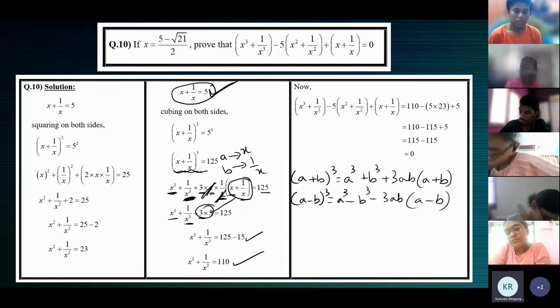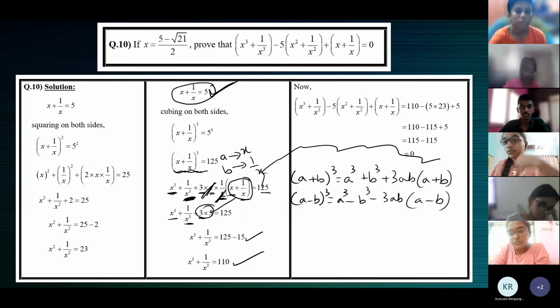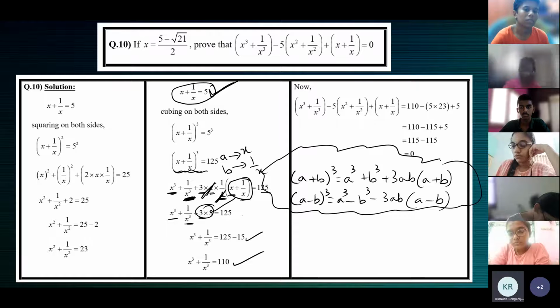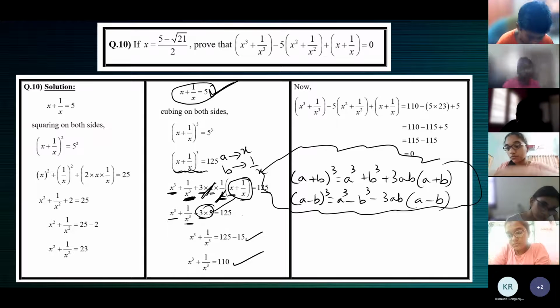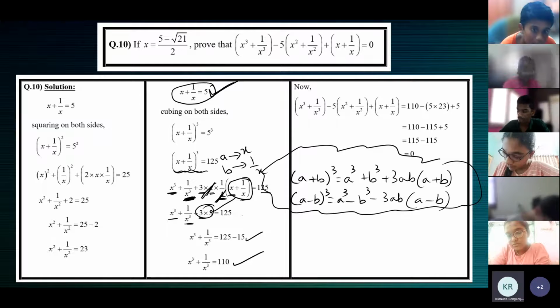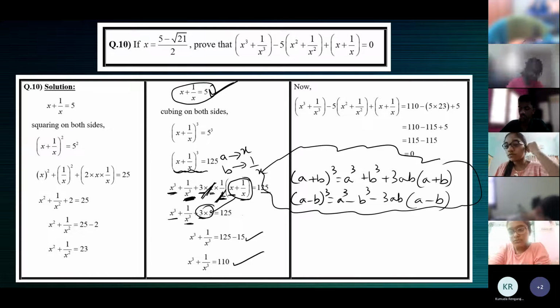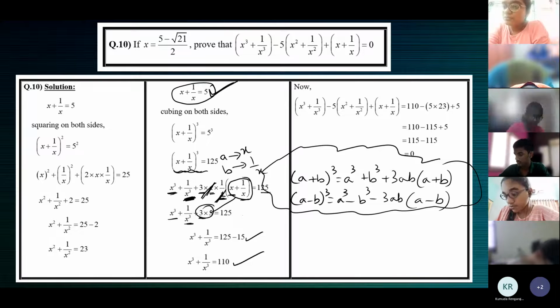Yes, please write down, children. Make a note of the identities. I have to clear the slide. It's very messy, so just make a note of the identities first. (a + b)^3, (a - b)^3. Noted, ma'am.